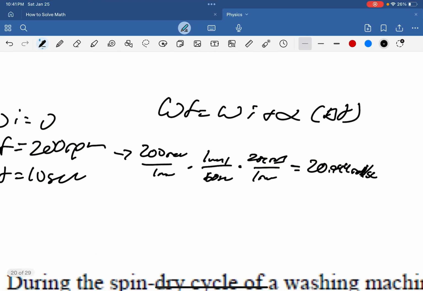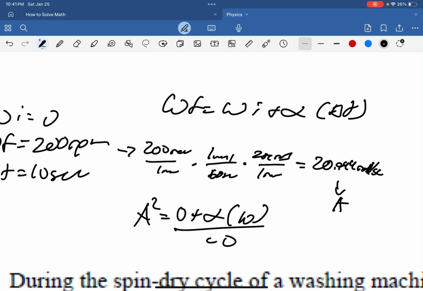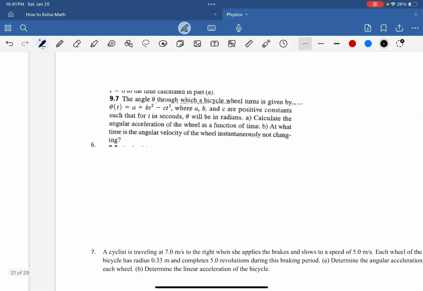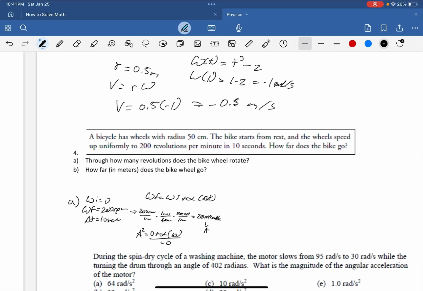So now let's plug this in. I'm just going to call this A. A is equal to 0 plus alpha times 10 seconds. So then we just divide by 10. And let's make sure this is actually correct first, because I don't want to make a mistake. Oh, it's in revolutions.